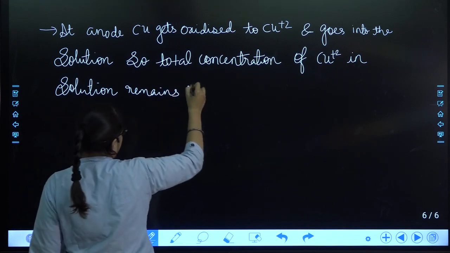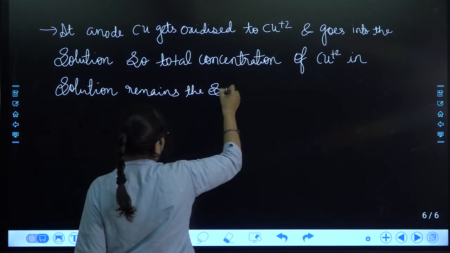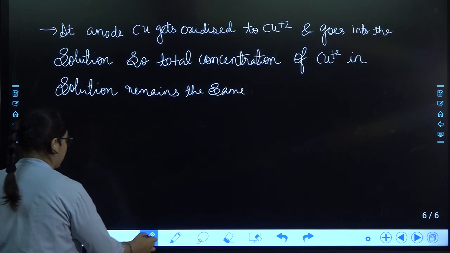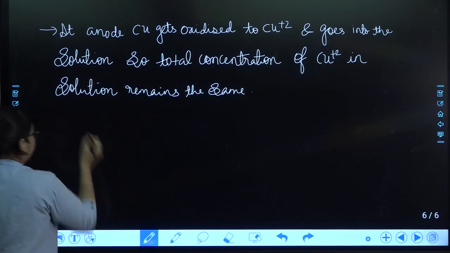It remains the same. Here are the net reactions which are happening.